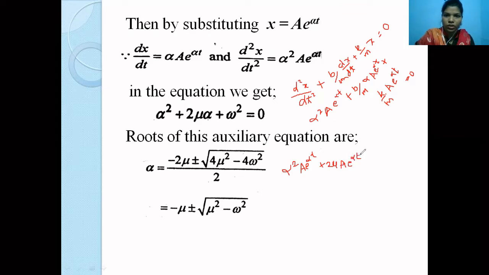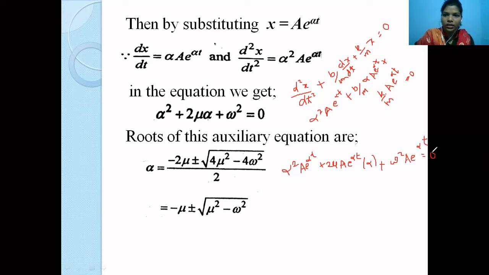Okay, so I'm also going to write it. I have just left it by mistake. I'm writing it here. Plus k by m is omega square. And again, this is A e raised to alpha t, which is equal to 0.